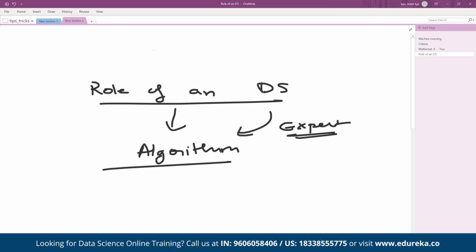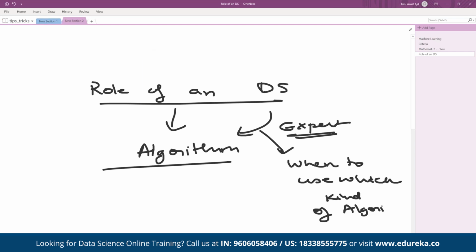You exactly understand what an algorithm is, why it should be used, when it should be used. A data scientist knows when to use which kind of algorithm. So this is our role.